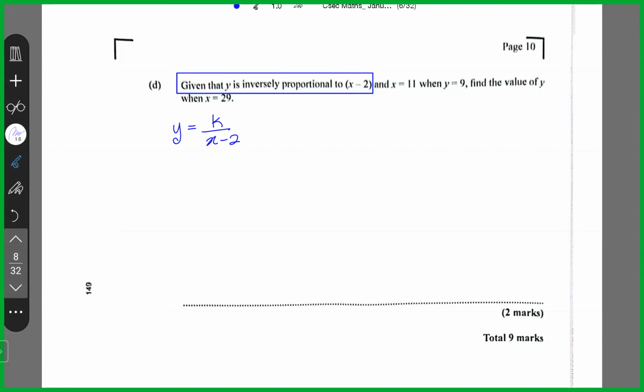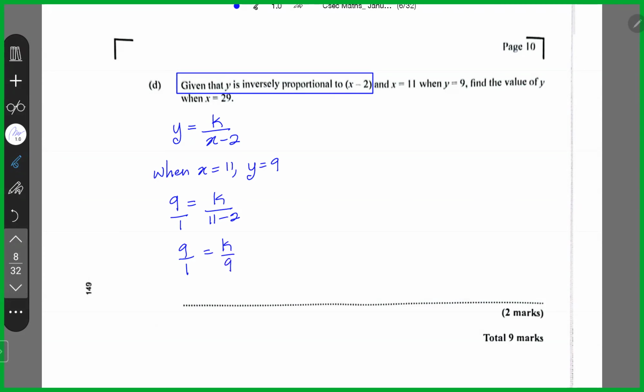Step two is that I'm going to have to be given a value of x and y so that I can calculate k. And in the question, we're told that when x is equal to 11, y is equal to 9. So 9 is equal to k over 11 minus 2. Therefore, 9 over 1 is equal to k over 9.